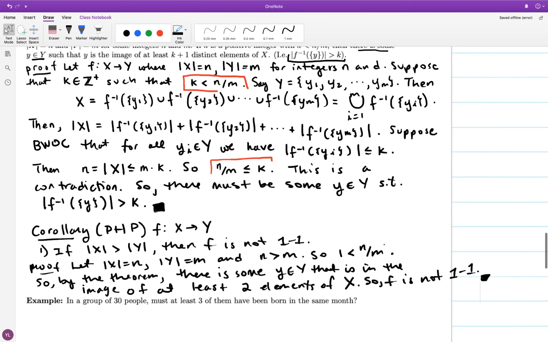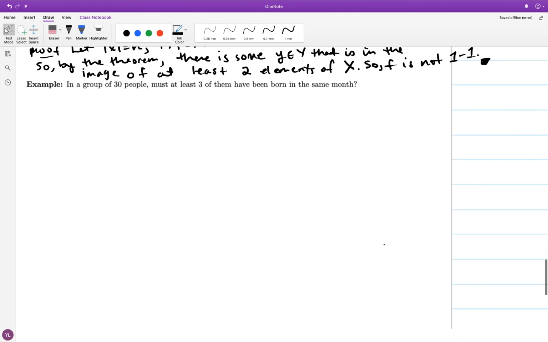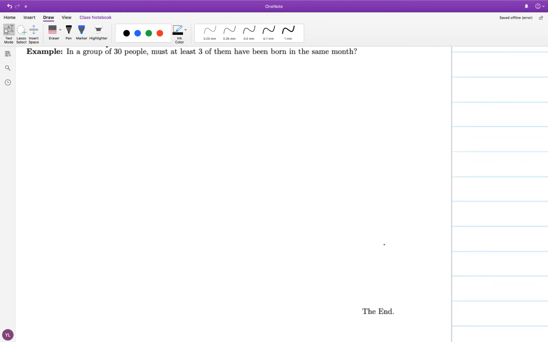Okay, let me use the generalized pigeonhole principle to answer this question right here. If you have 30 people, must at least 3 of them have been born in the same month? So let's let X be a group of 30 people, and let's let Y be the set of months.